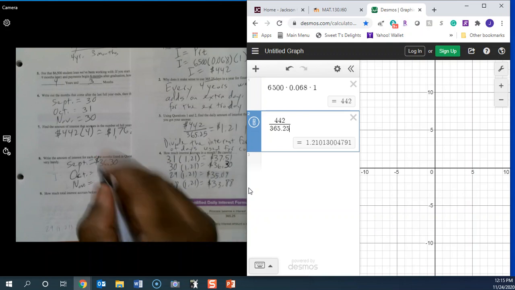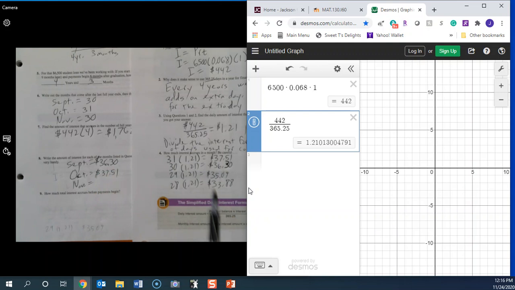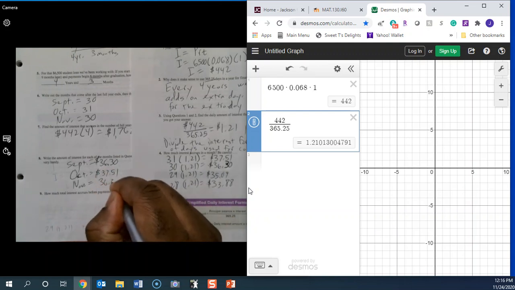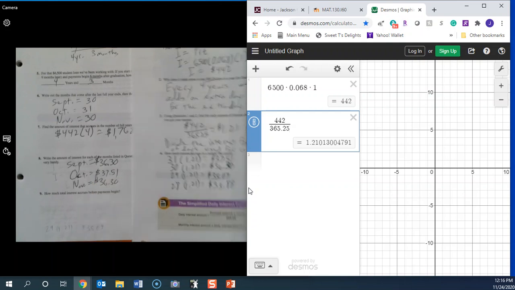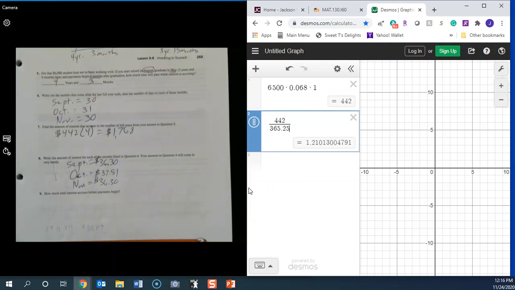October has 31 days, so that'll be $37.51. And then November has 30 days as well, so that'll be $36.30. Okay, so now this will be the amount of interest that accrued these particular months.